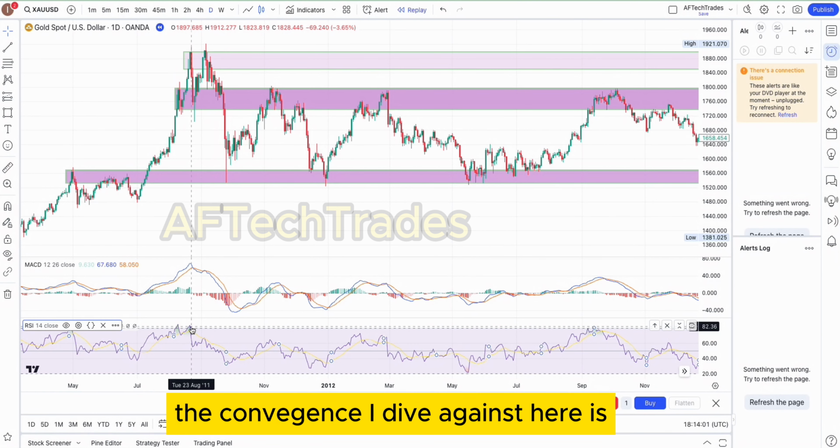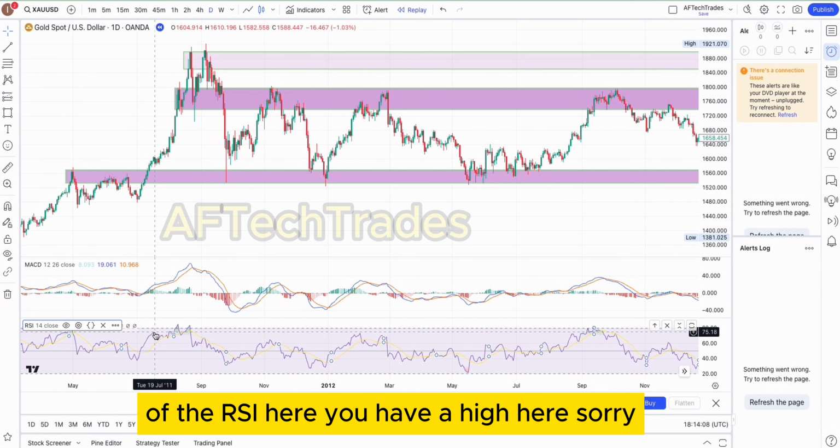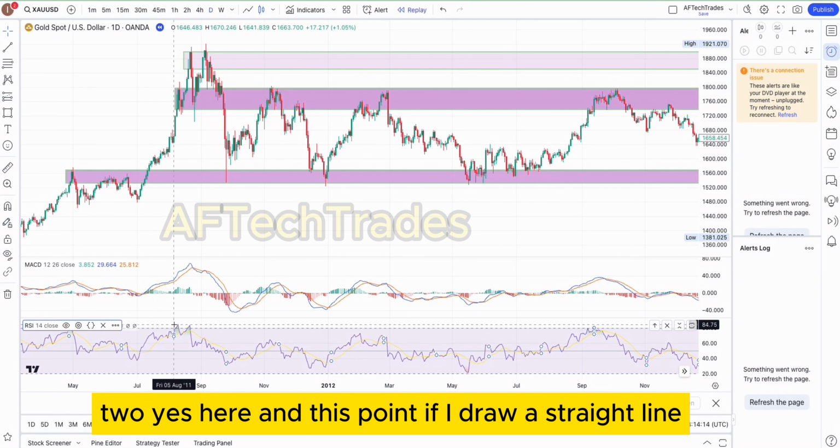The convergence and divergence here is, if I look at two highs of the RSI, here you have a high here, and this point.